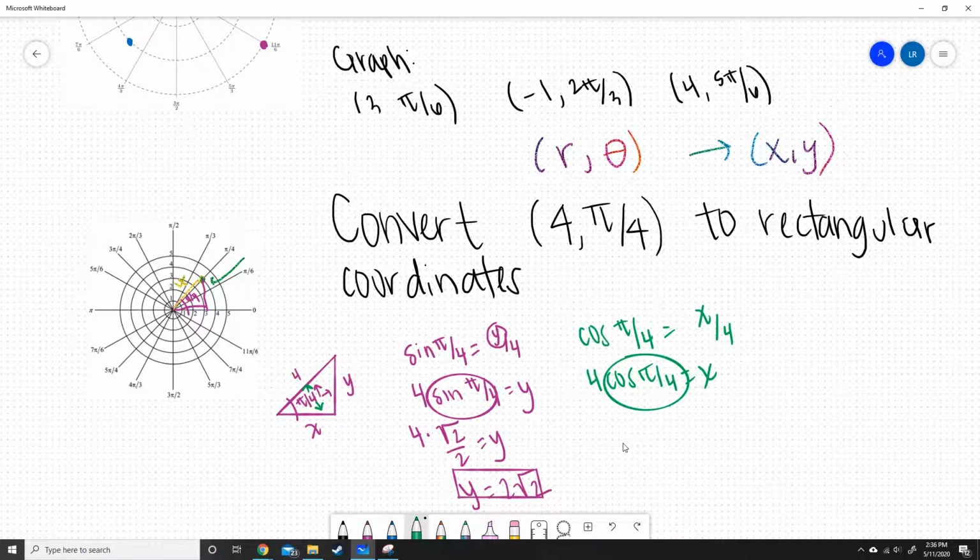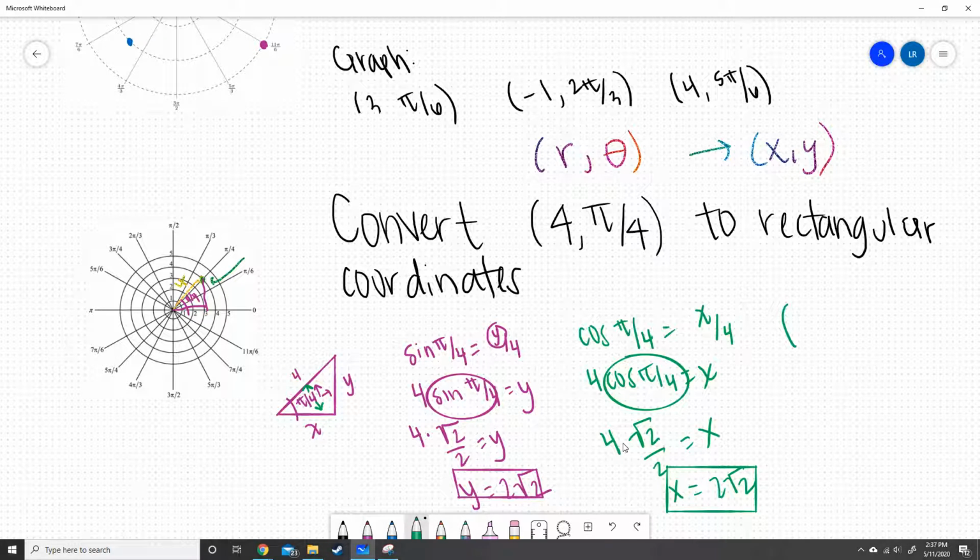Cosine of pi over 4 from the unit circle is root 2 over 2. And when you simplify that, you get x equals 2 root 2. So this ordered pair in rectangular form is x and then y, so (2 root 2, 2 root 2). And there we have it.